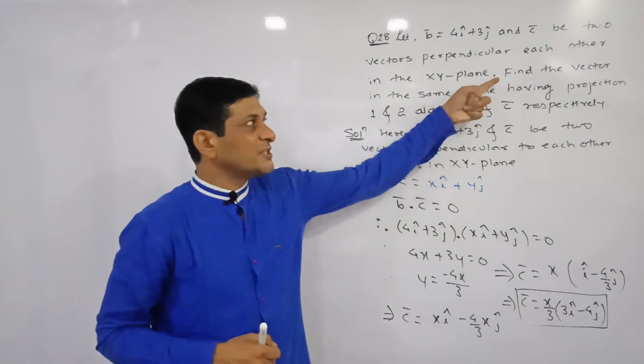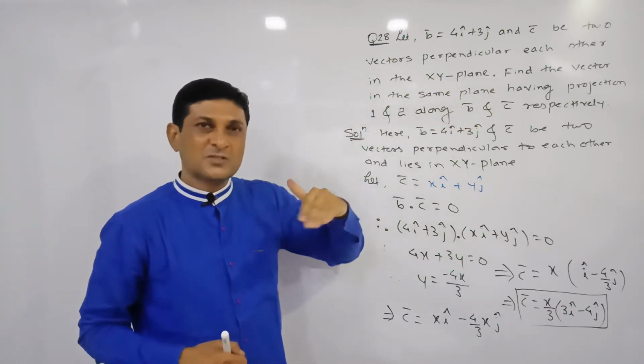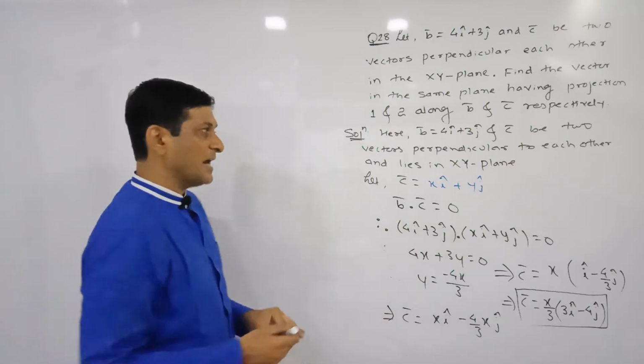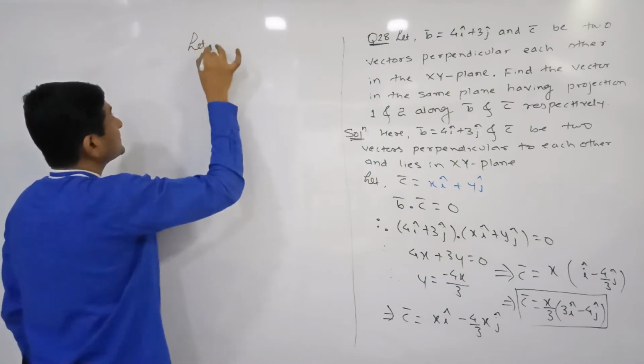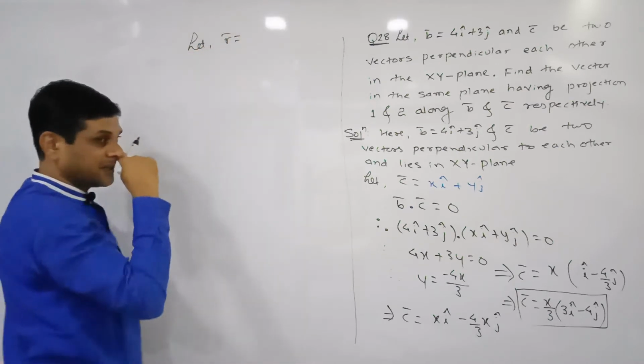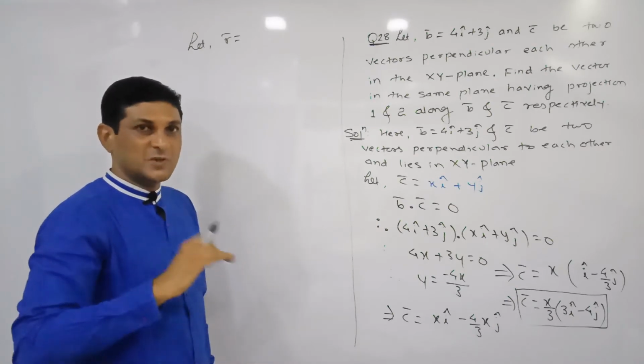Once the value of C bar is known, now we are finding such a vector which lies in the same plane, the XY plane. So let us denote the required vector by R bar. Let R bar be equal to, now this vector lies in which plane? XY plane, so the term of k cap is absent, its coefficient is 0.